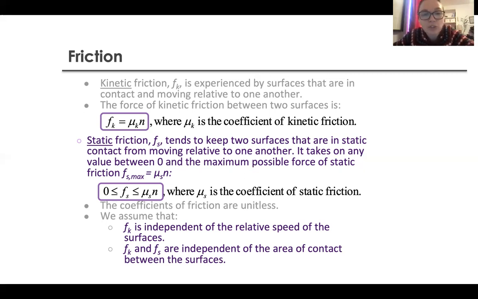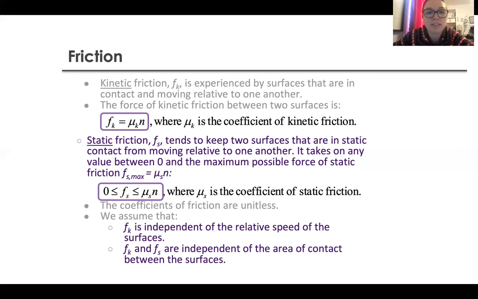So if we know this coefficient of static friction and the normal force, we know the maximum amount of static friction, or basically the maximum amount of force that you need to apply to an object to overcome the static friction and get it to start moving.